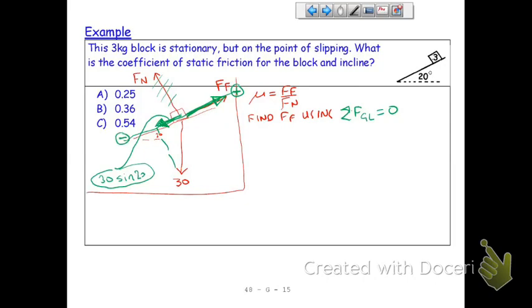It doesn't matter which way around you do it. And we say plus Ff added to minus 30 sine 20 is equal to 0. So Ff is equal to 30 sine 20. I'm going to leave it in that form because I know the answer and I want to show you something.